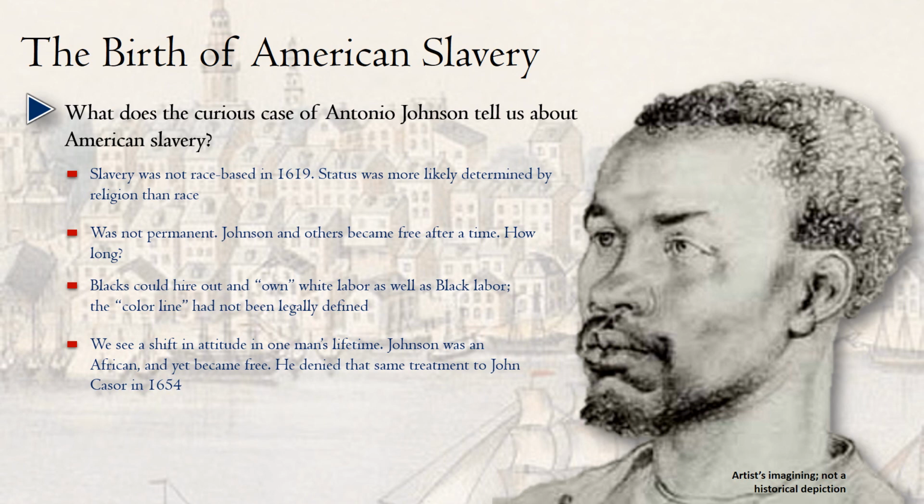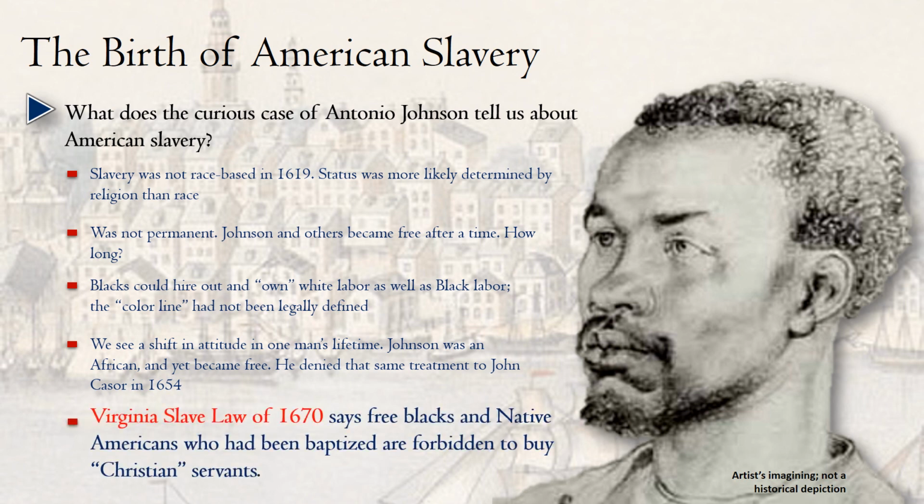Johnson was an African from the area of Angola, and yet he became free. But when the time came to free his servant or slave, or however you want to put this, John Casor, in 1654, he denied him that same treatment, telling us a lot about the development of slavery in early 17th century Virginia.